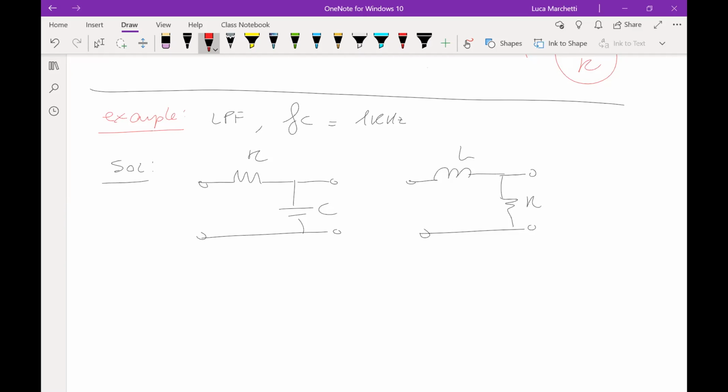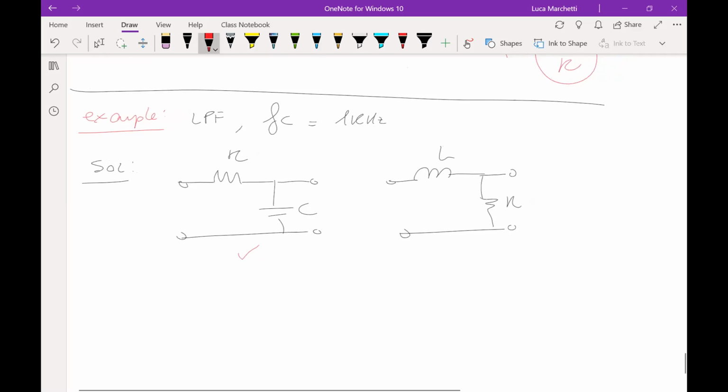If this coil is not built correctly, it's difficult to control the value of the inductance. Also, since you have to create this coil, inductances are much bigger than capacitances. They take more space, and as electronic engineers, we don't like big stuff because we are always trying to build circuits as small as possible. So this is why RC is usually preferred.